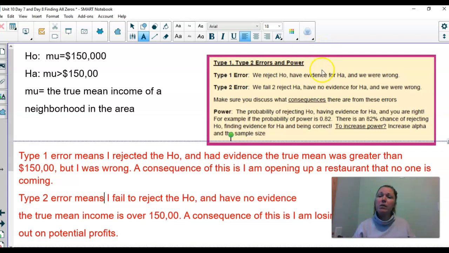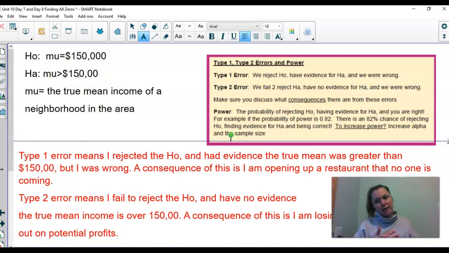So if they tell you the power is 0.82, you just say there's an 82% chance of rejecting the null hypothesis, finding evidence for the alternative hypothesis, and being correct. Okay, I was right. I did it right.